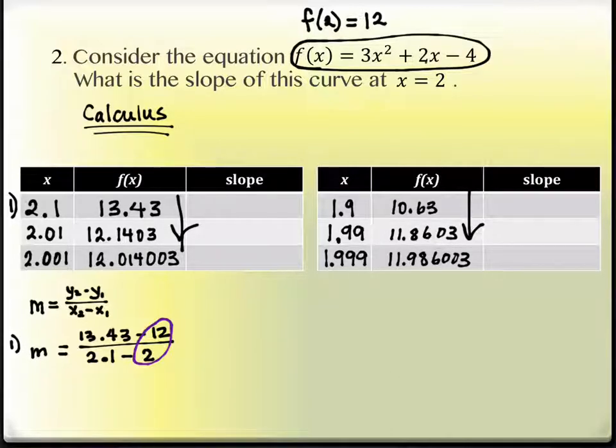All right, so if we calculate that, you need to be careful with using parentheses in your calculator to make sure that you don't accidentally tell it to divide 12 by 2.1. You know what I'm talking about? It needs to know that it does the subtraction on top first, the subtraction on bottom first, and then it divides. So if you tell it to do that in the right way, what slope value do you get?